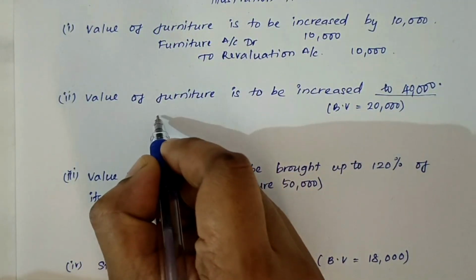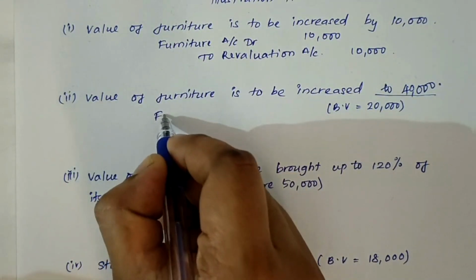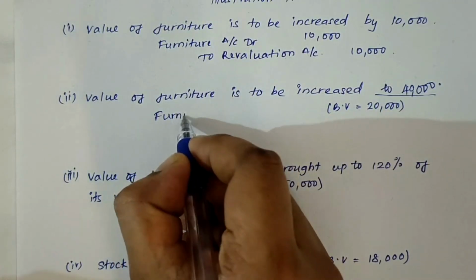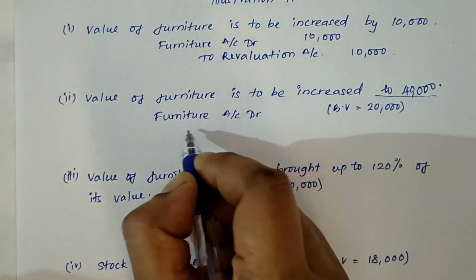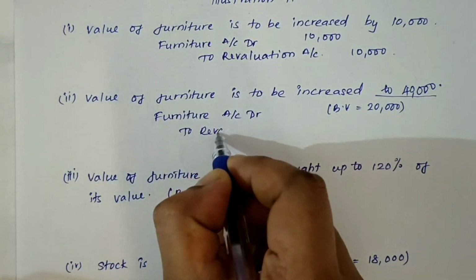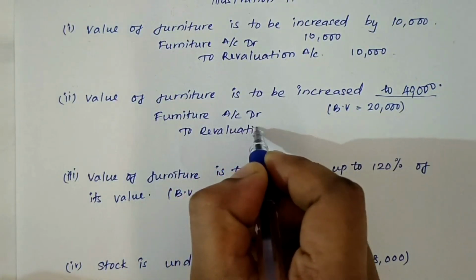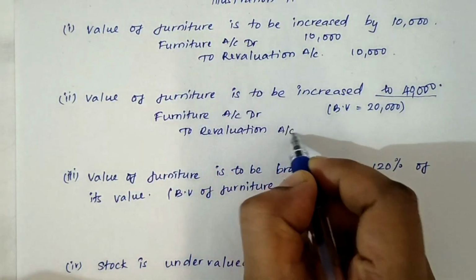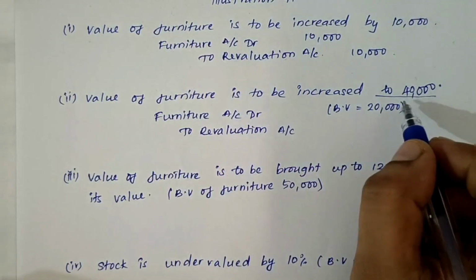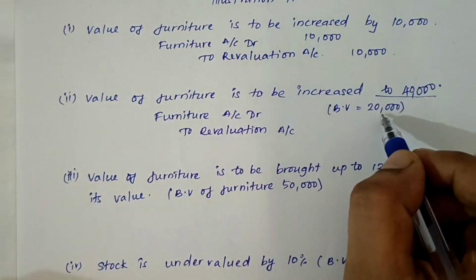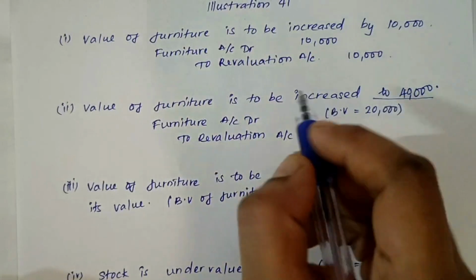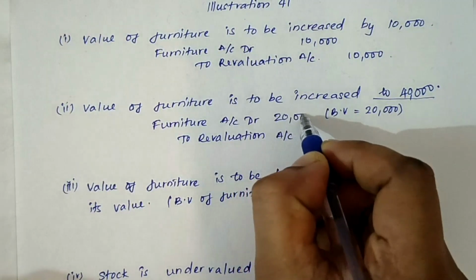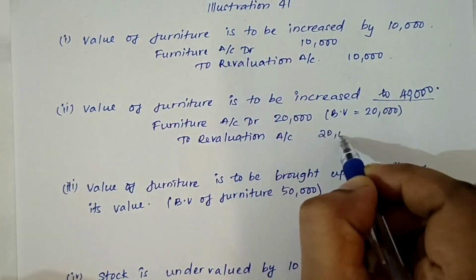An increase in asset means the asset should be debited. So furniture account debit to revaluation account. Amount is 40 minus 20. The book value is 20, it has to increase to 40, so there is an increase of 20,000. So we have to record the change in amount.